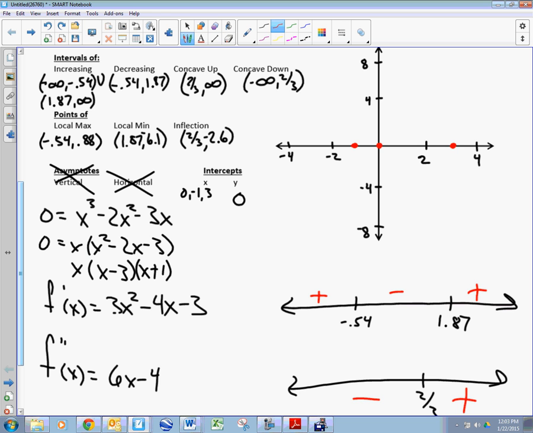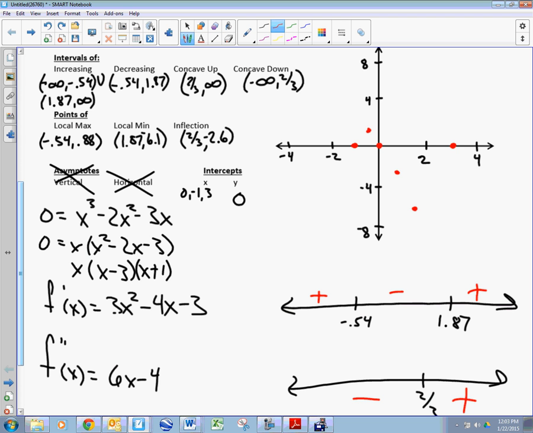So about there, halfway between, I'll go up to 0.88, which would be a little less than a quarter of the way. And then my local min, 1.87, so not quite 2, and down to -6. And then I have inflection at 2/3. That would be 1, 2/3, need 2.6.